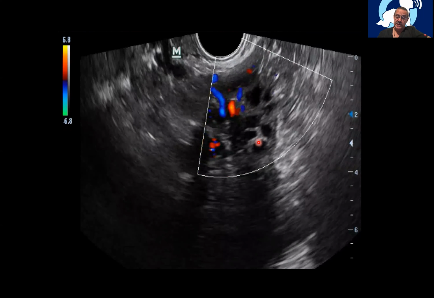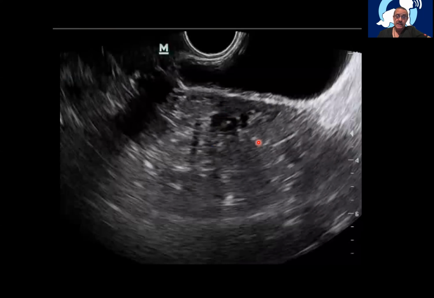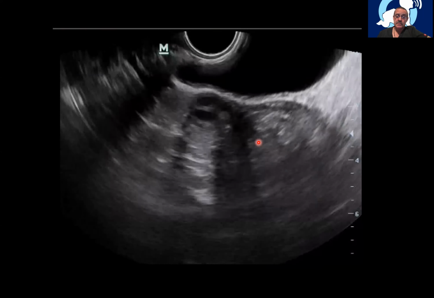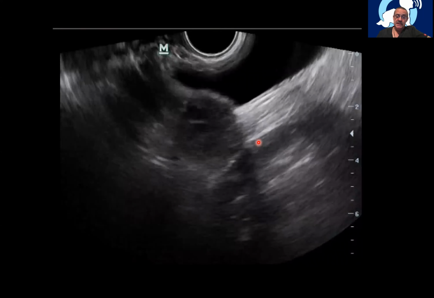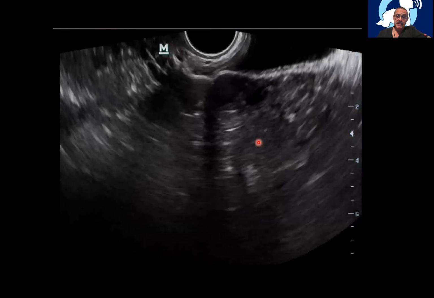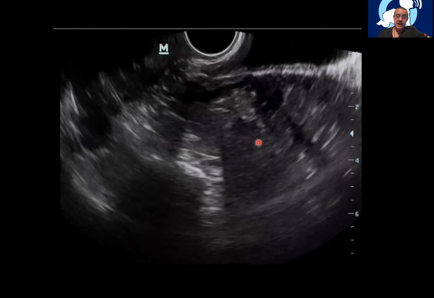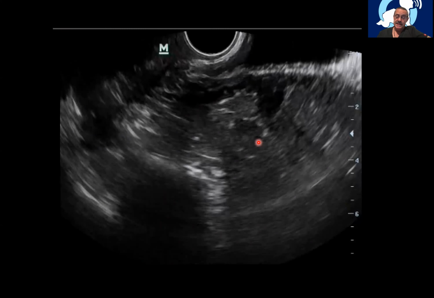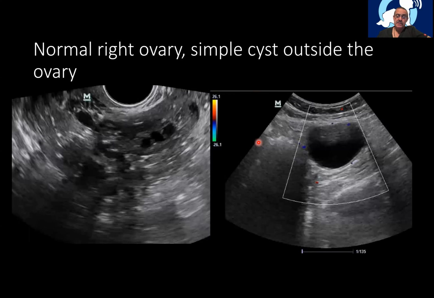You can clearly see the ovary. No cyst. In fact, we don't see the cyst to the vagina because it's too far from the vagina. It's high. So this is a normal right ovary with a simple cyst outside the ovary, not related with the ovary.